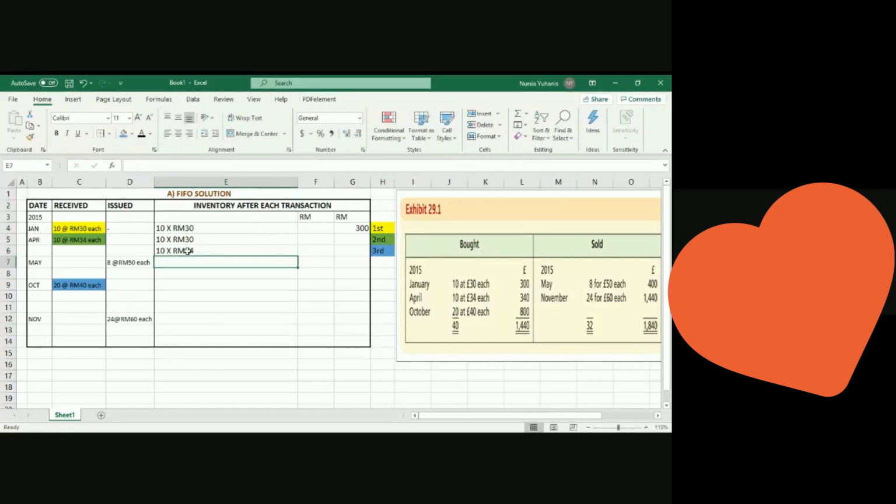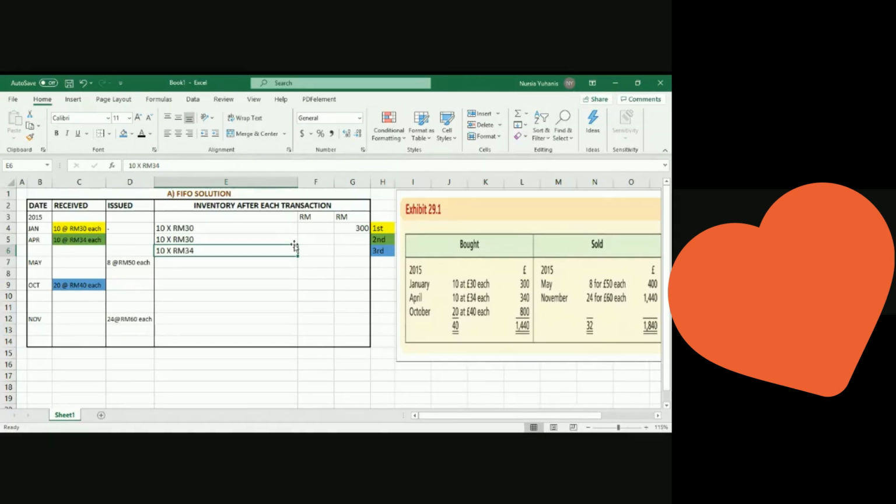So on April, you start with the balance from January, and then on the second line you put the recent purchase, which is 10 at 34 each.